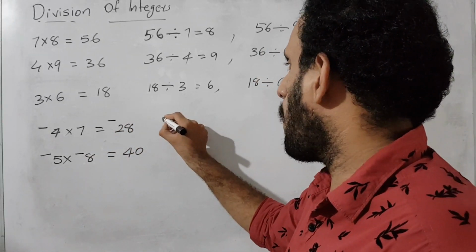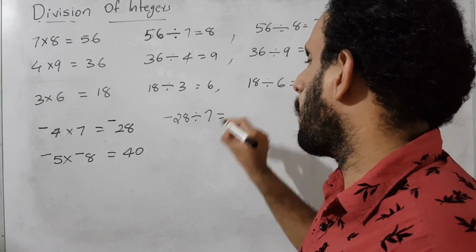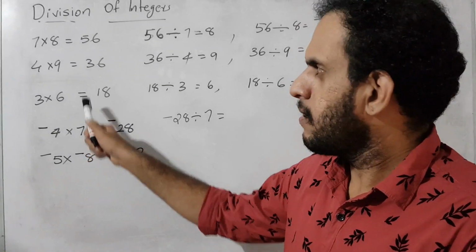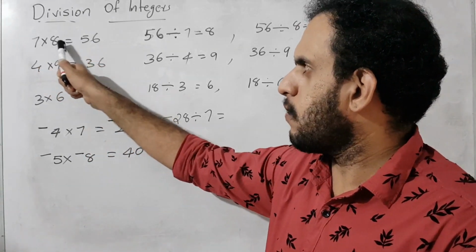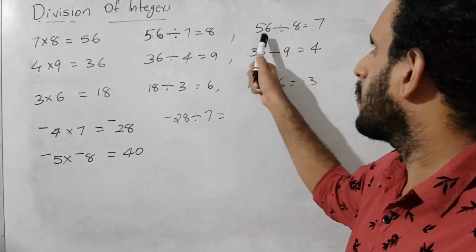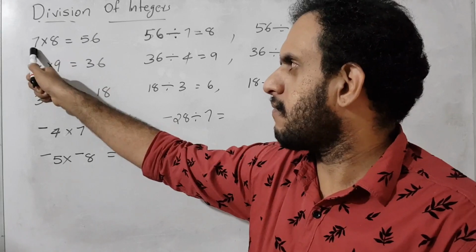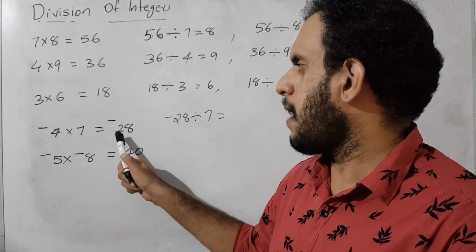Then what is minus 28 divided by 7? 7 into 8 is 56, so 56 divided by 8 is 7.